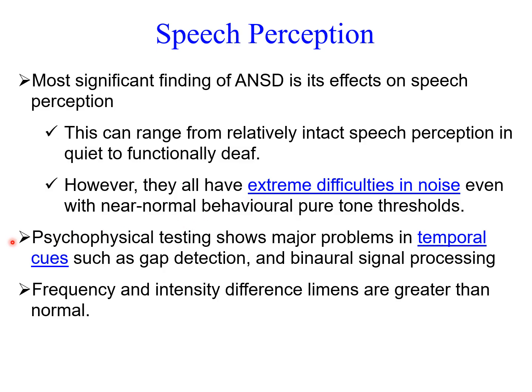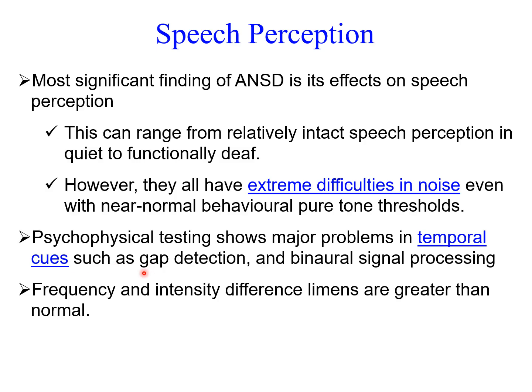Psychophysical testing results also show major problems in temporal cues. Again, temporal cues are related to the timing of the action potentials. So when patients have trouble with the timing of action potentials, they by default will have trouble detecting temporal cues.